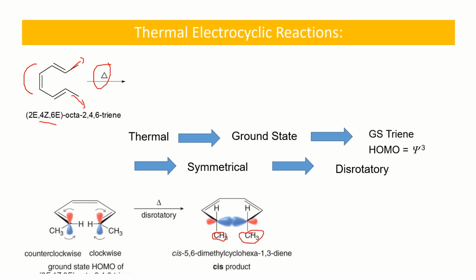And so this product, which is a cyclohexadiene, will have both methyls cis. So really what I should have here is the cis cyclopentadiene. Not pentadiene, I should say, hexadiene.